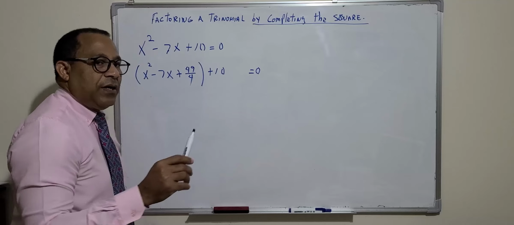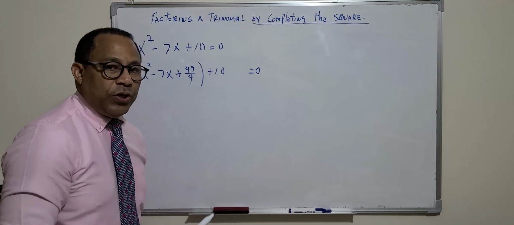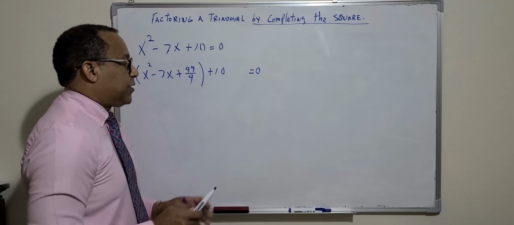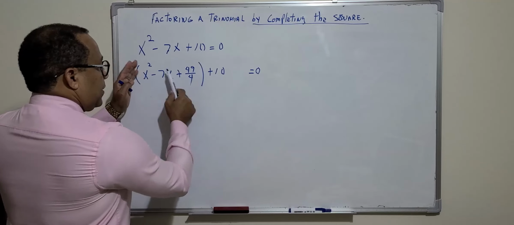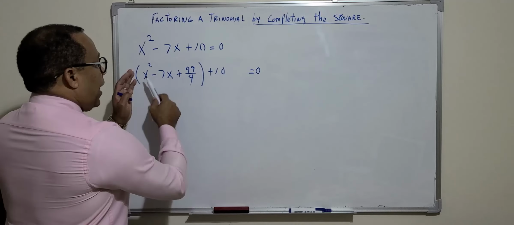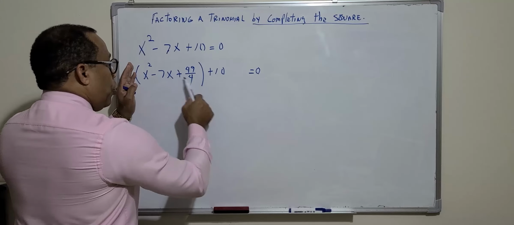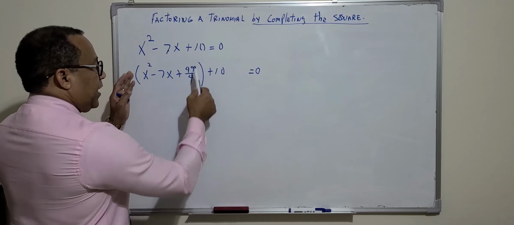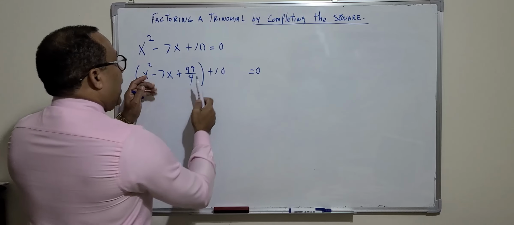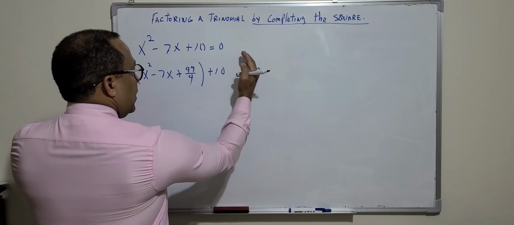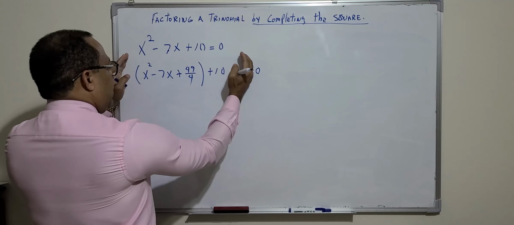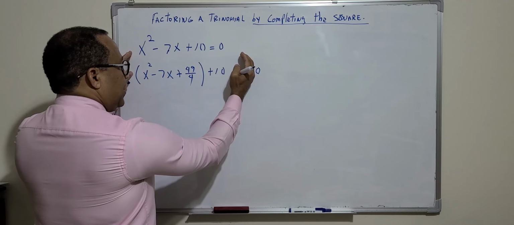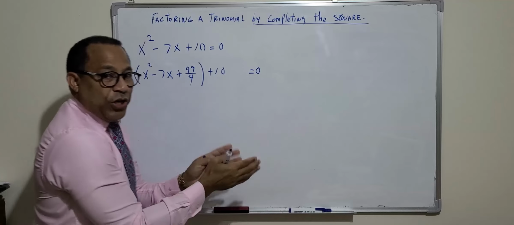Now, what is the important thing to do here, and this is where many students make the mistake. When I got the third term, I had to add this fraction, in this case 49/4, in order to keep this side of the equation invariable, the same, not affected. I'm forcing the situation here.